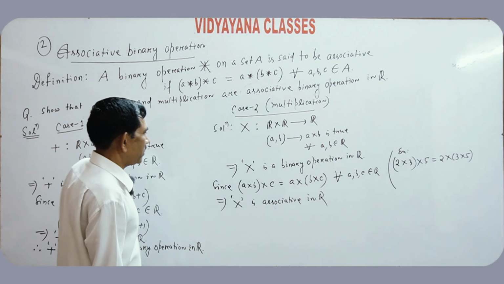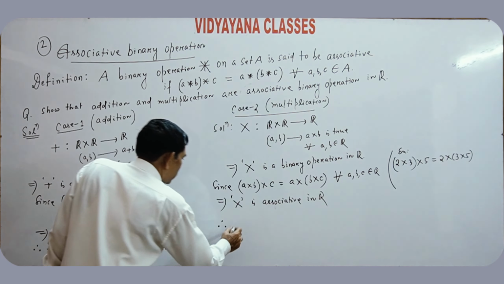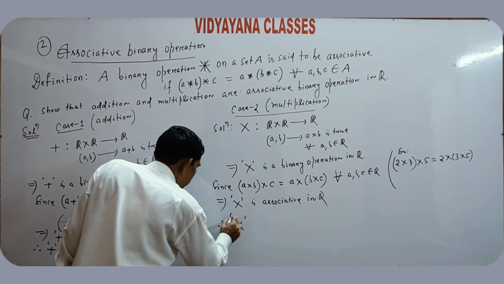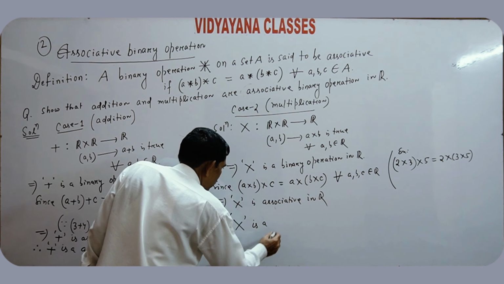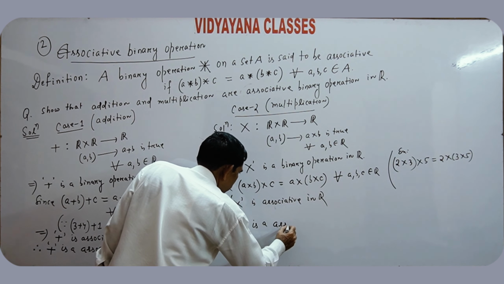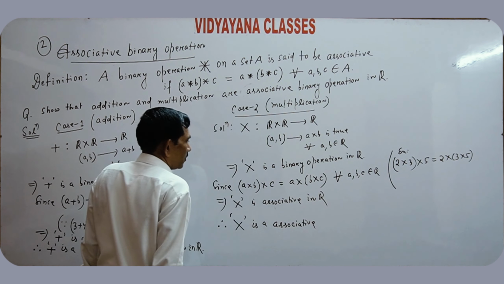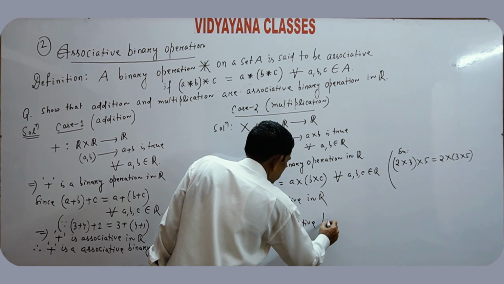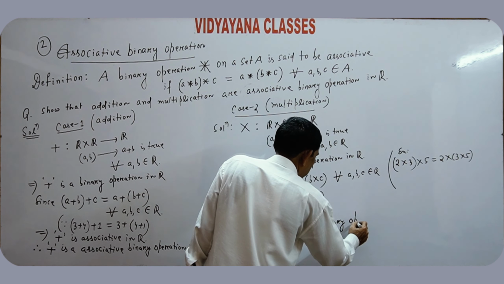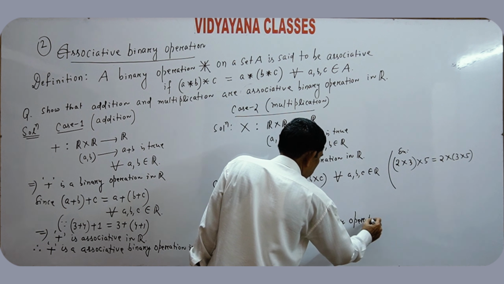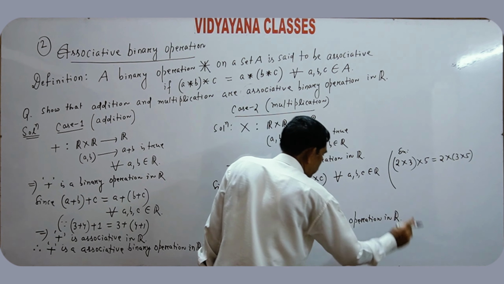In general, we can say, therefore, multiplication is an associative binary operation in the set of real numbers.